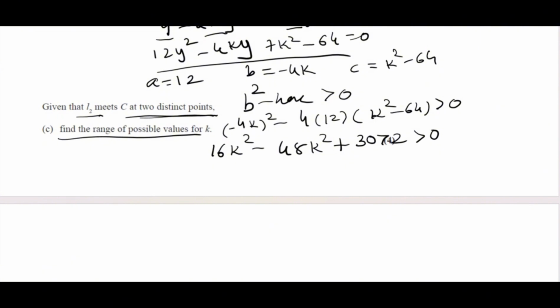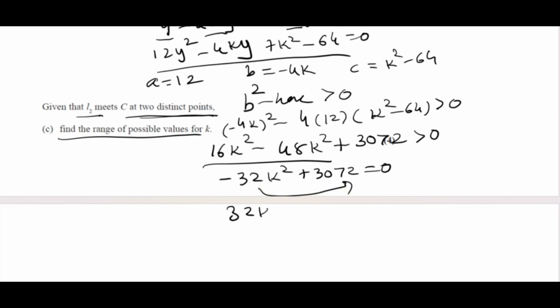Now first simplify this: 16k squared minus 48k squared will give us minus 32k squared plus 3072 equal to 0, because I have to find the value of k, so I have to write equal to 0. I am moving the minus term to the other side, so 32k squared is equal to 3072.